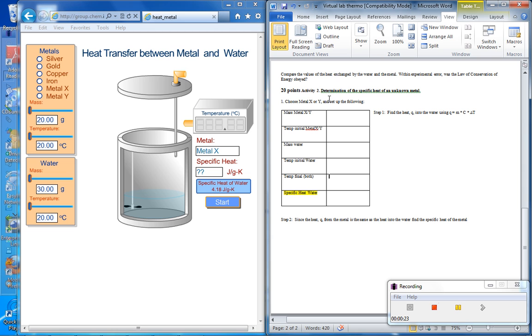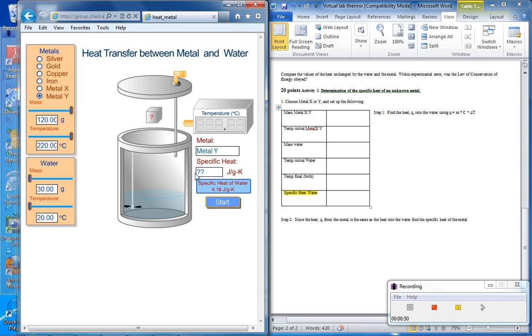Now, let's move on to this part. What I'm going to do is I'm going to do metal Y, and y'all will do metal X. So I'm going to pick metal Y here and run this. I'm going to set the mass to the maximum, 120 grams, and 220 degrees C for this metal with an unknown specific heat.